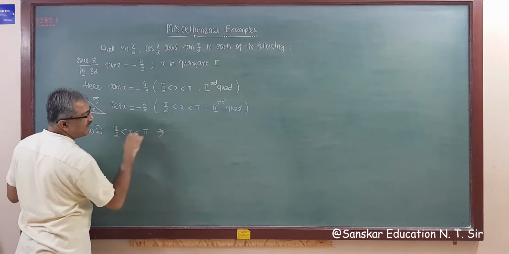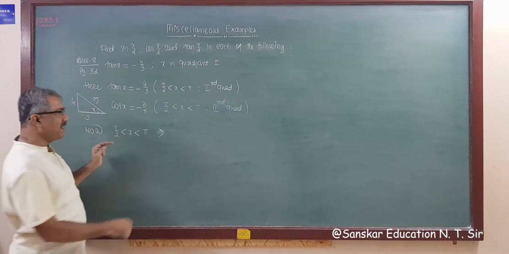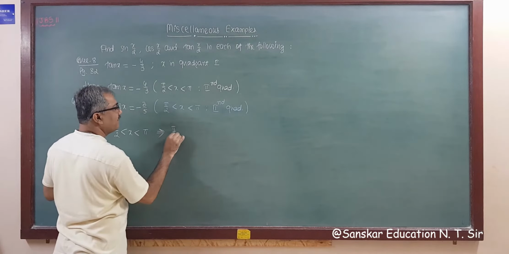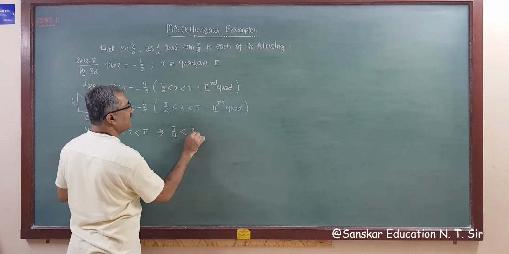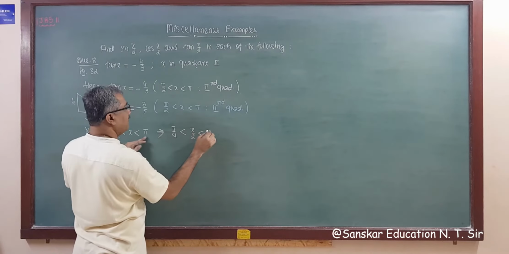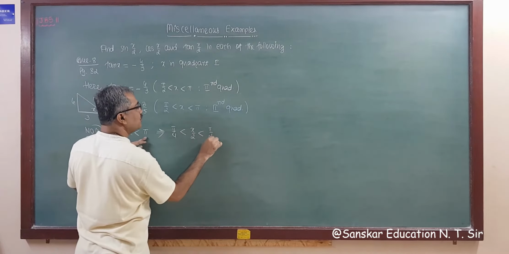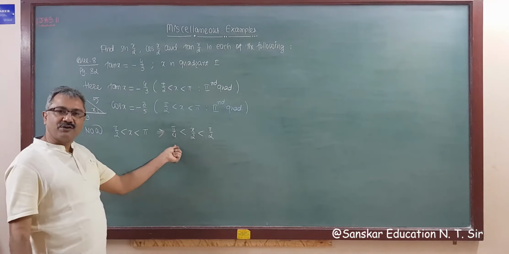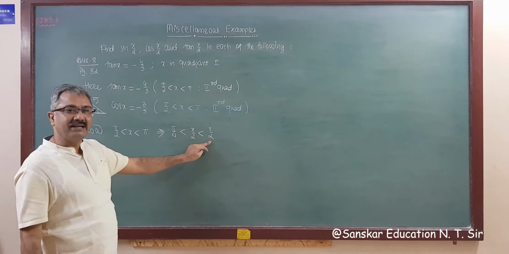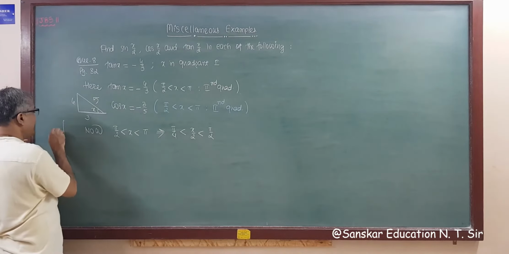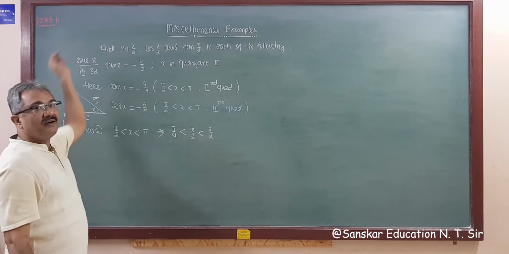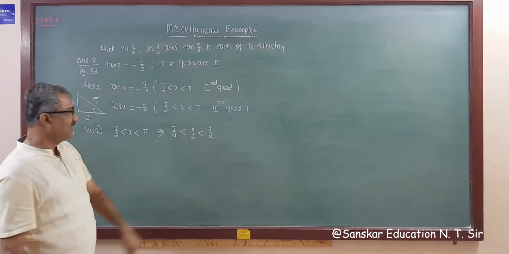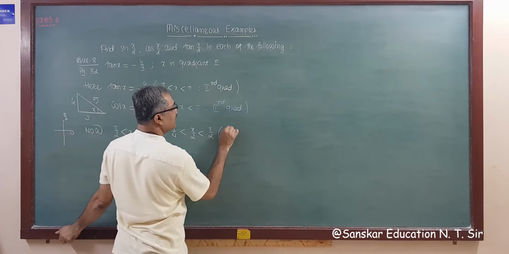If we divide by 2, then pi by 4 is less than x by 2 is less than pi by 2. Pi by 4 means 45 and pi by 2 means 90. So 45 to 90 is within 0 to pi by 2, so now this becomes the first quadrant.